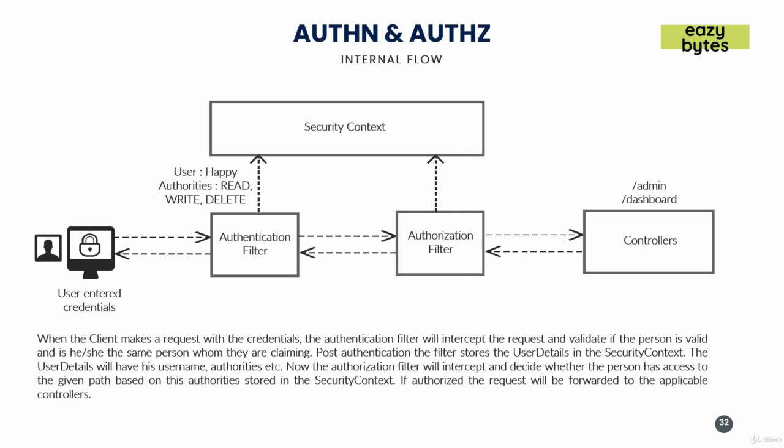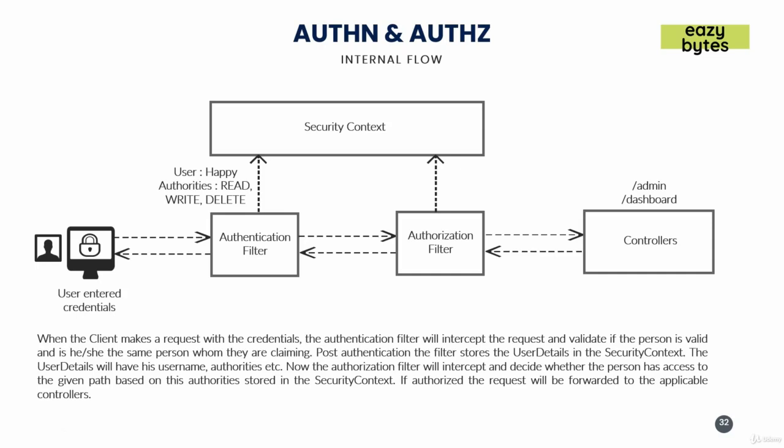If the credentials are correct, all the user details excluding the password will be stored in the UserDetails schema implementation, and it will be stored inside the security context. Once it is stored inside the security context, and if you have configured authorization inside your framework, we will see how to configure authorization in the coming videos.